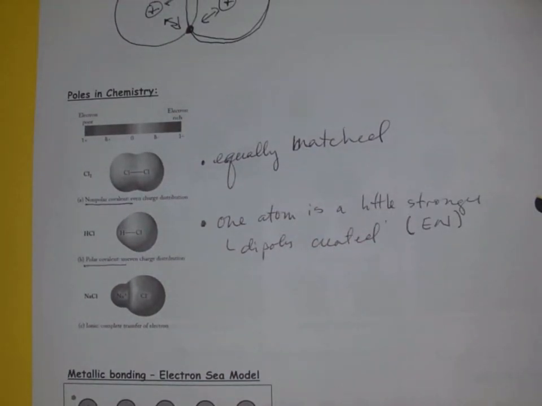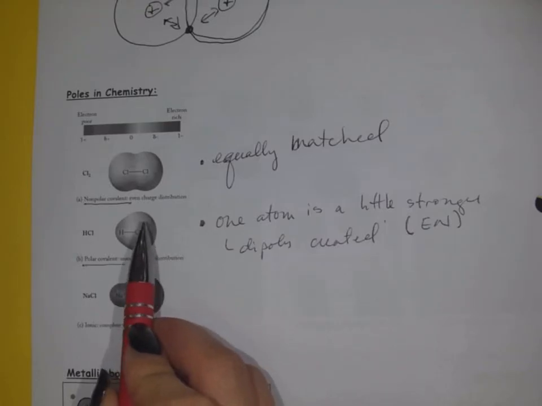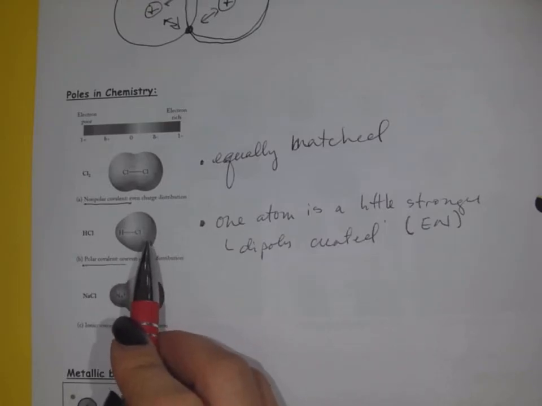Dipoles mean that there's an area of the molecule that is slightly negative or an area that is slightly positive, but it's not completely negative like an anion or completely positive like a cation, because it didn't completely gain or lose the electrons. It's just the electrons are spending a little bit more time on one side than the other, and they're going to spend their time with the atom that is more electronegative.